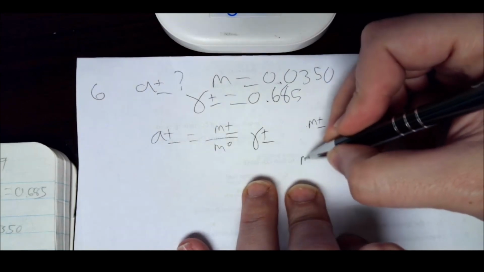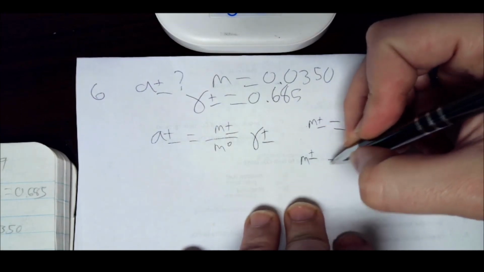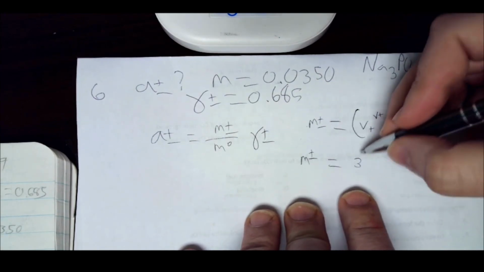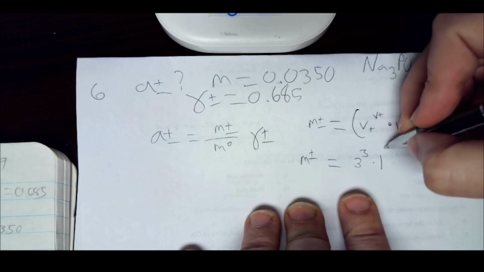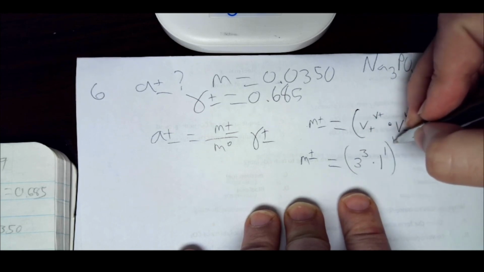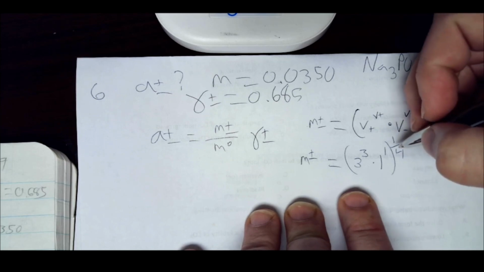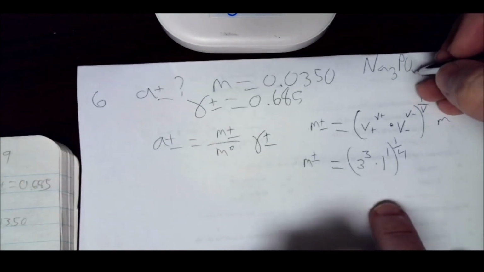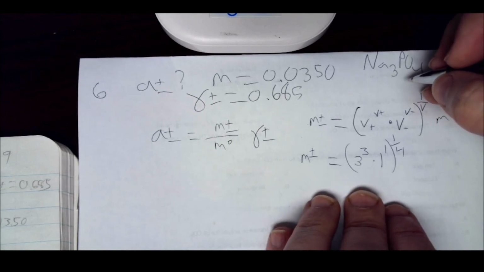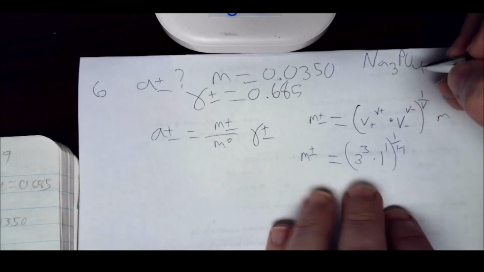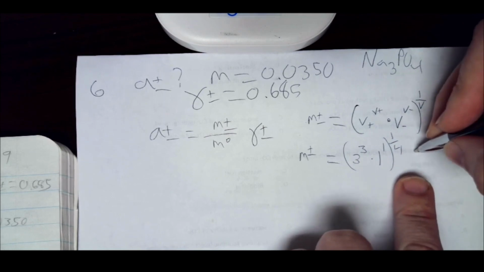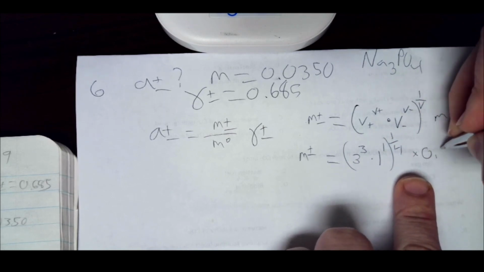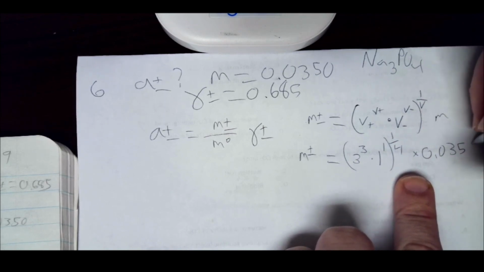So m plus or minus is going to be equal to 3 cubed times 1 to the first, all to the 1/4, and then that's times our molality of 0.0350.